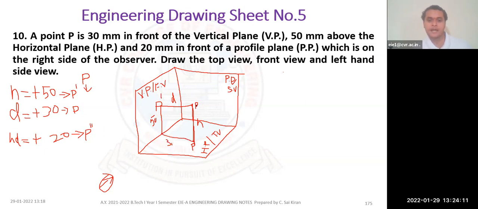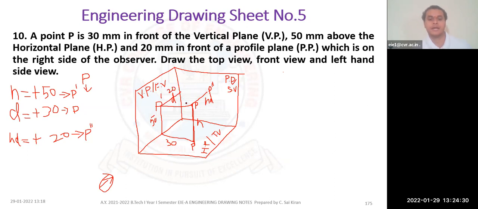From here to here is my p double dash, and this distance is the HD value, plus 20.